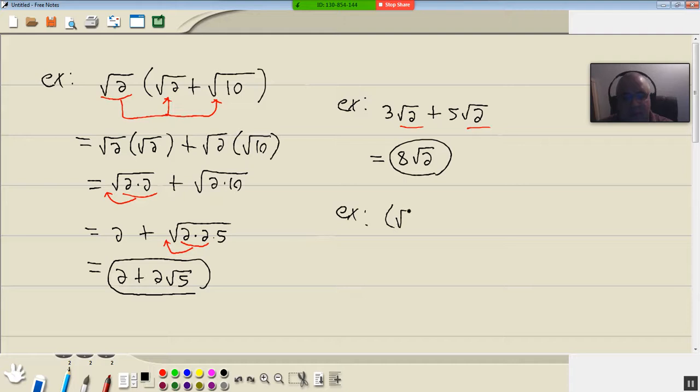Now you may have problems that look like this. We have 2 items here and 2 items here. The reason I say 2 items is because they're separated by pluses and minuses. So we'd take the square root of x here times the square root of x here. We'd also multiply times the 5. And I'd take the negative 2 and multiply it times the square root of x and times the 5.